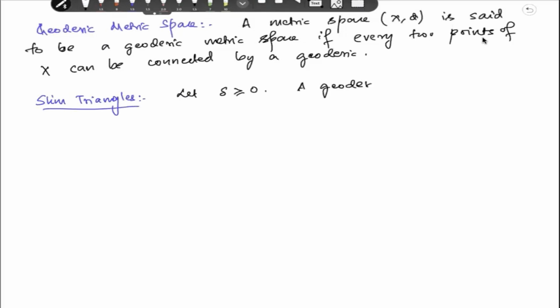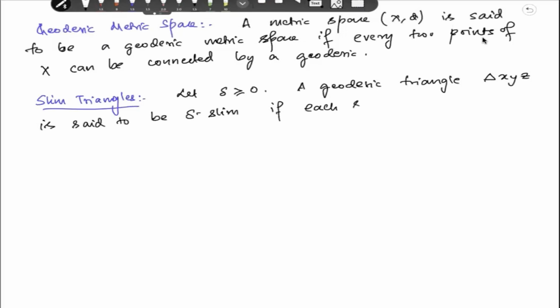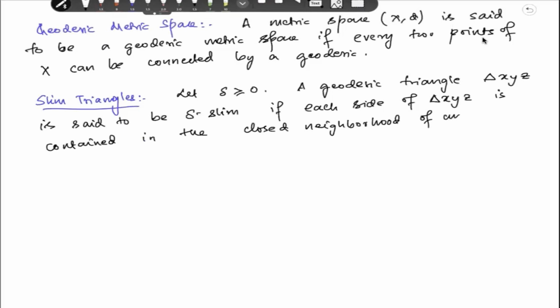A geodesic triangle delta xyz is said to be delta slim if each side of this triangle delta xyz is contained in the closed delta neighborhood of the union of the other two sides.